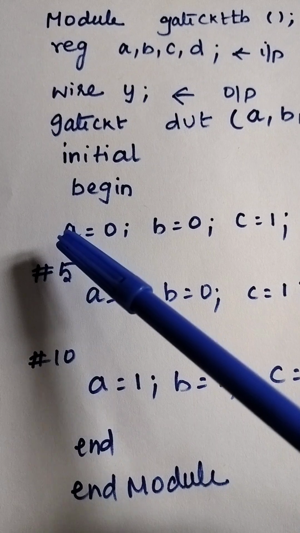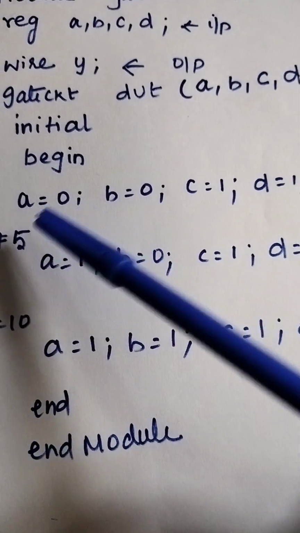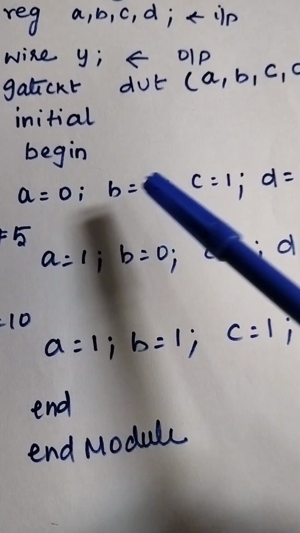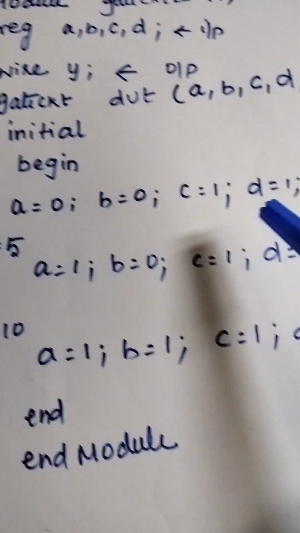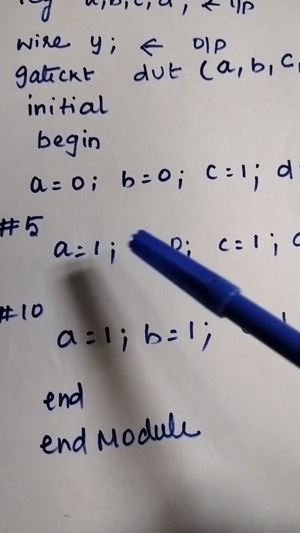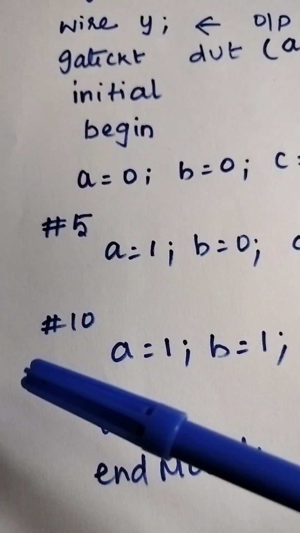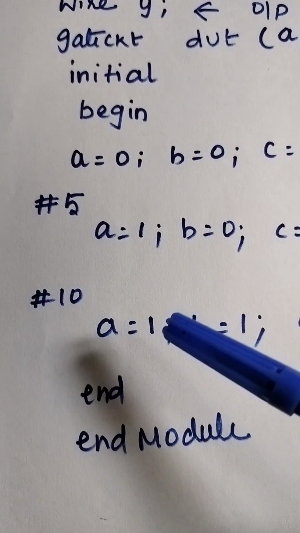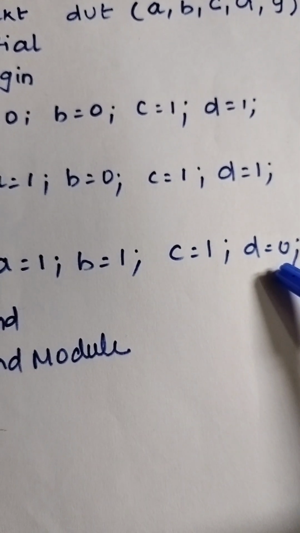Initially at time t equal to 0, the values for A, B, C, and D are these. I have taken A equal to 0, B equal to 0, C equal to 1, D equal to 1. Next at time 5, A equal to 1, B equal to 0, C equal to 1, D equal to 1. At time 10, A equal to 1, B equal to 1, C equal to 1 and D equal to 0.